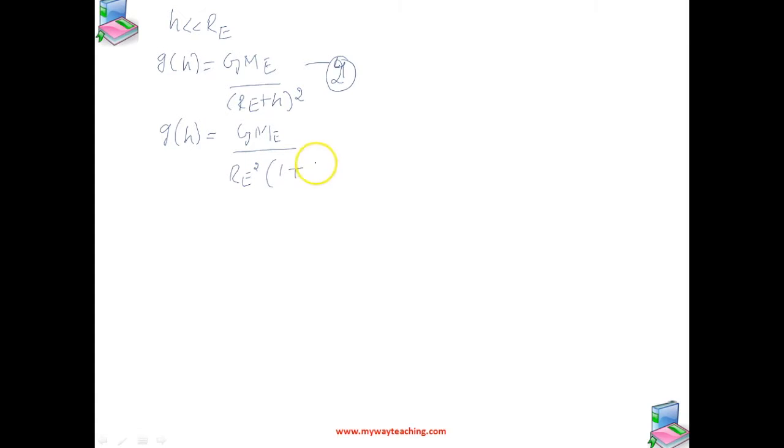1 plus h by re the whole square. We know g me by re square is nothing but the acceleration due to gravity on the surface of the earth. So g into 1 plus h by re whole raised to minus 2, for h by re less than 1.